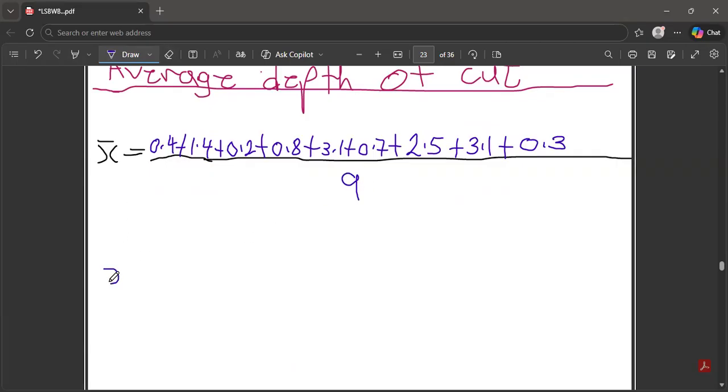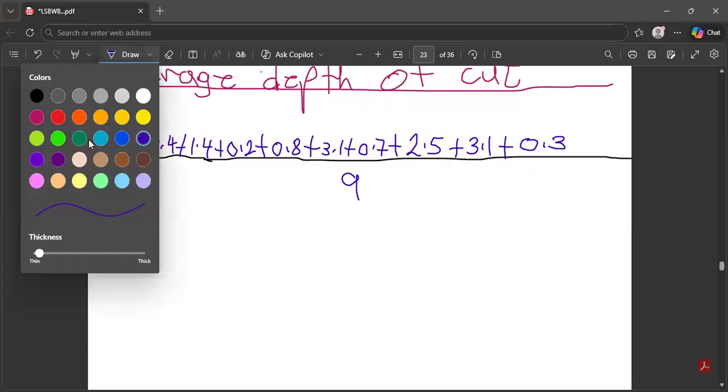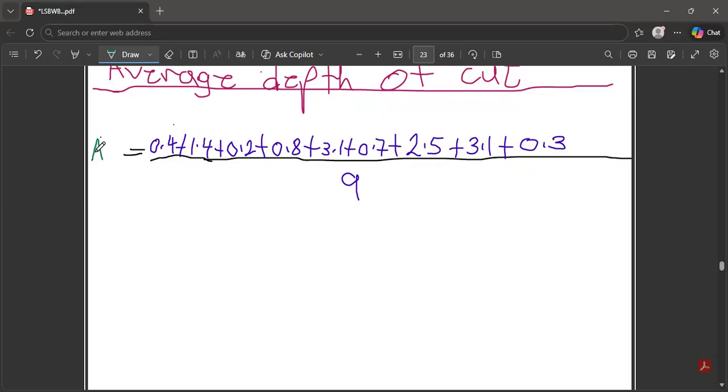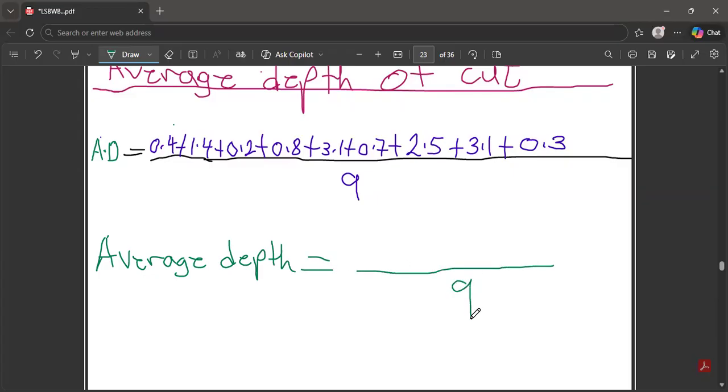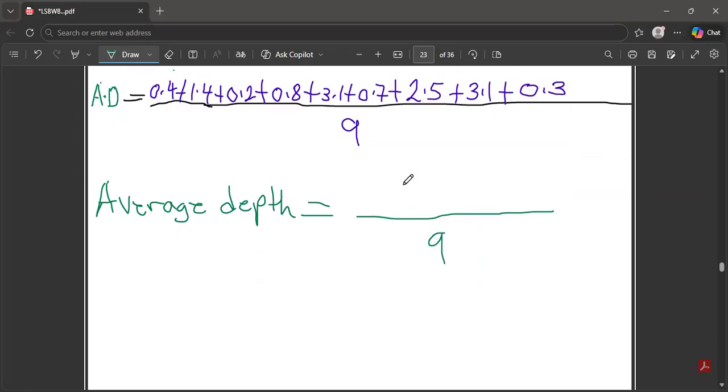So we see that our mean, our average depth, can now be said to be equal to the answer we had, 12.5 exactly.